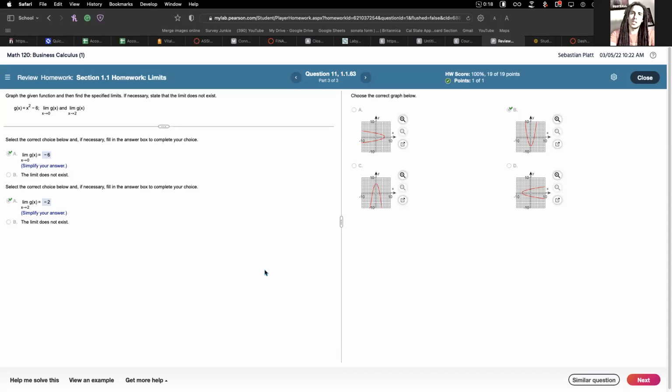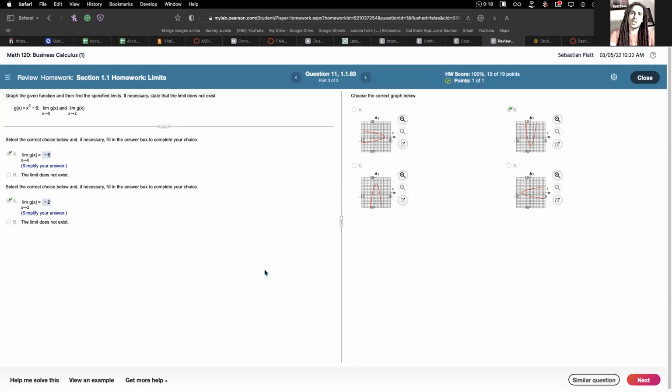Next up, for number 11, we are going to graph the given function. So it's going to be g of x equals... I mean, not -2. So g of x equals x squared minus 6.